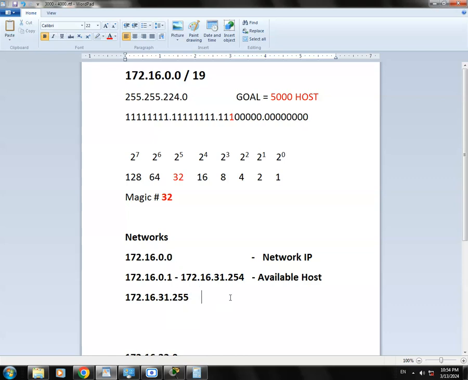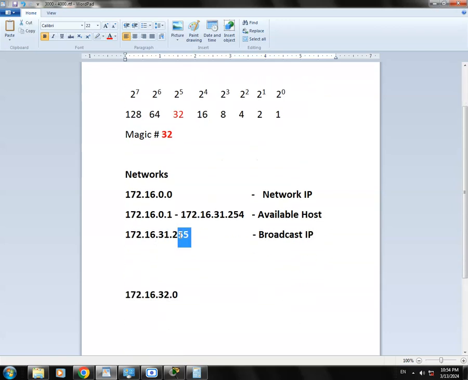So this will then be the broadcast IP. And after this broadcast IP, the next available IP address is just 32, right?